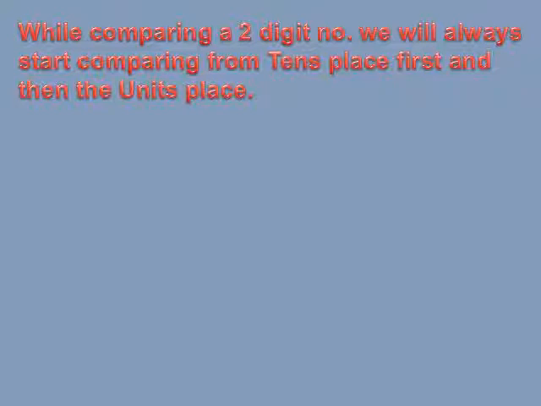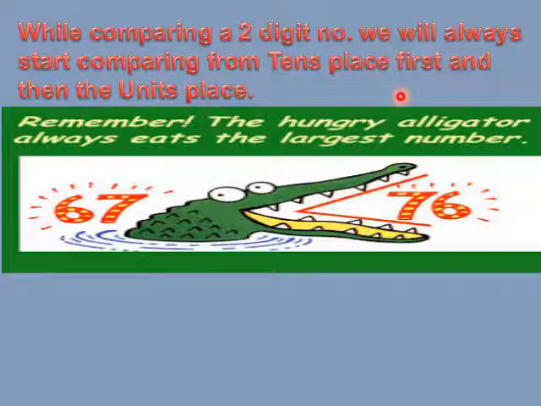So children, now we have compared only one digit numbers. Let's see how to compare two digit numbers. Here, whenever we compare a two-digit number, we will always start comparing from the tens place first and then the units place. Let's see how.